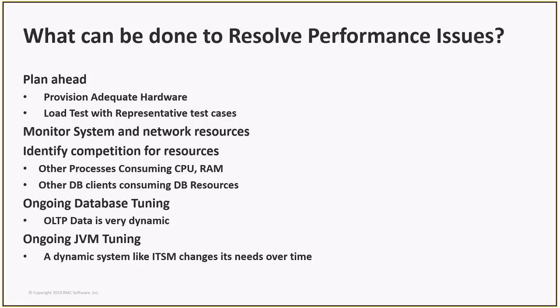Once we do find a performance issue, what can we do to solve that, or what can we do to avoid that in the beginning? That's what the first point here is about, planning ahead.